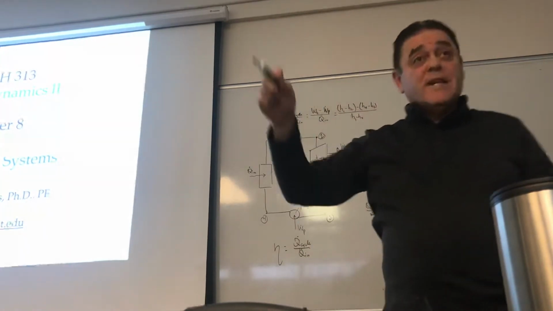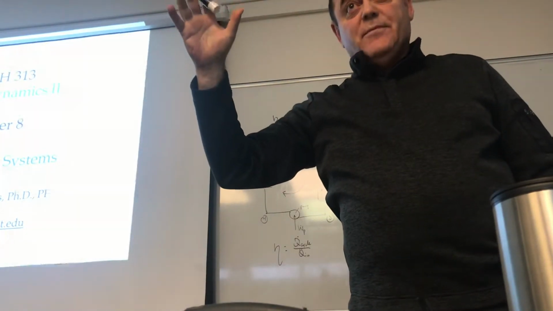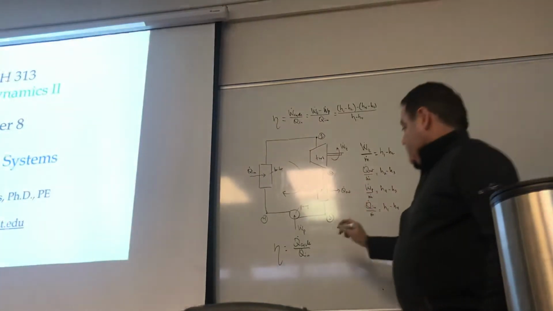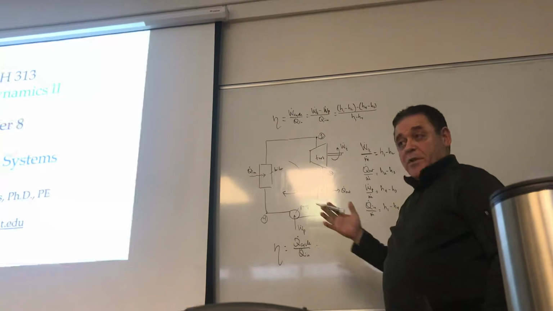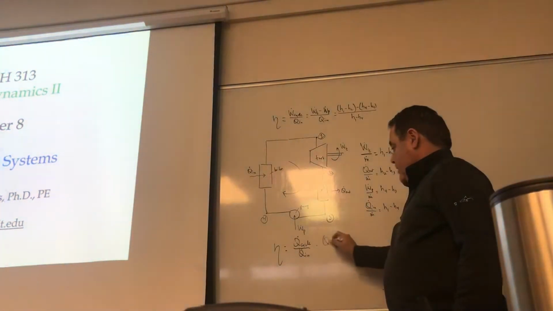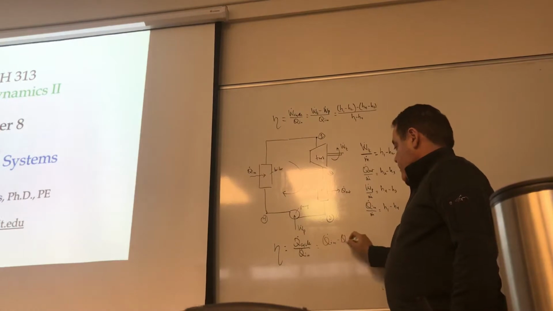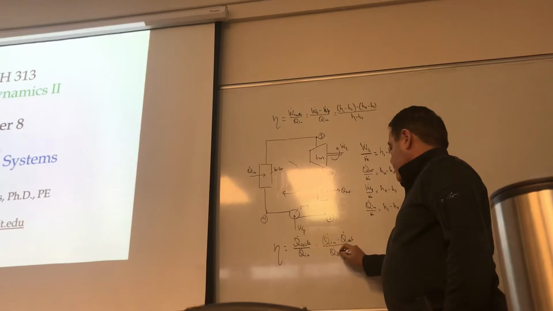Because remember, for a cycle, the Q's are always equal to the W's, right? But then Q has two things. It's got one Q that goes in, the other Q that goes out. So the Q net is really Q in minus Q out, divided by Q in.